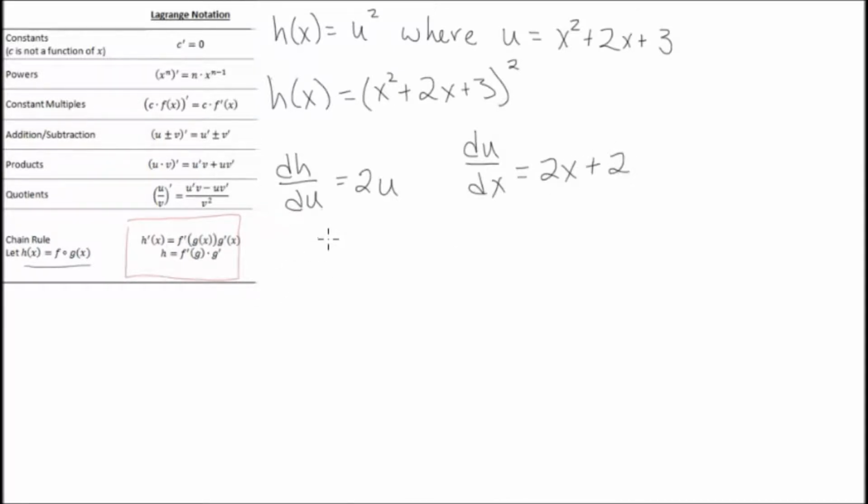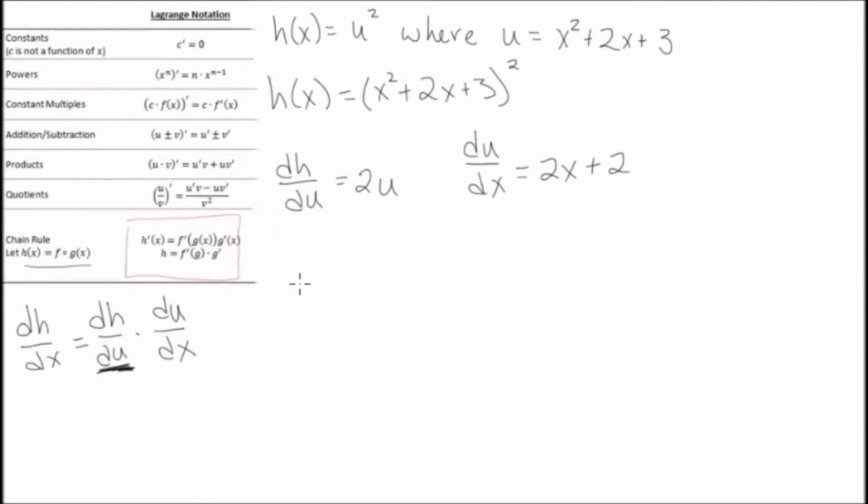And so now you can sort of see why, when the chain rule is written using the Leibniz notation, you get that dh dx is equal to dh du times du dx. Now this is a little bit of a simplification because you have to remember that in this dh du you need to substitute in the x.